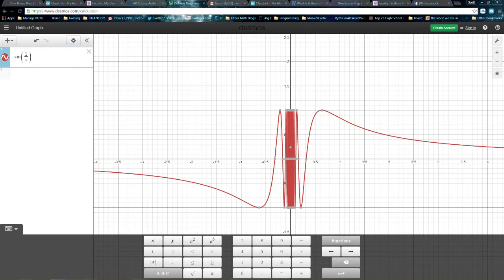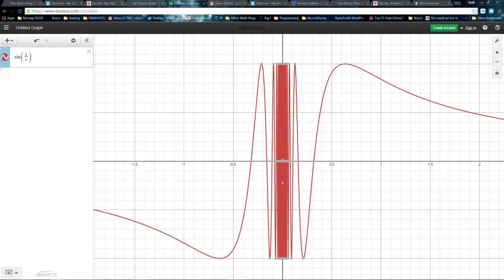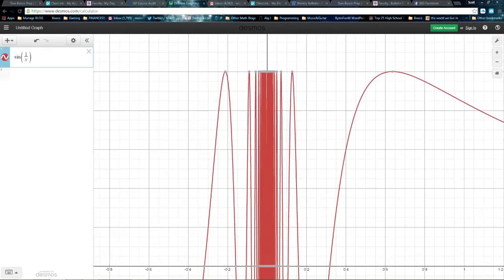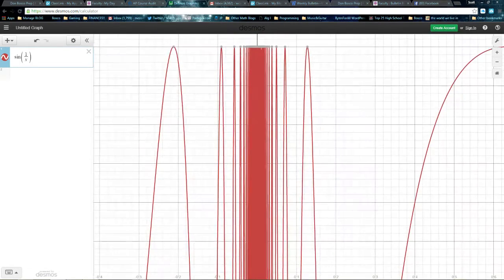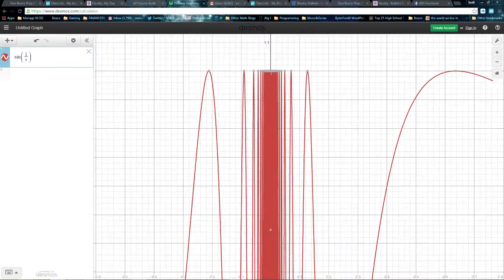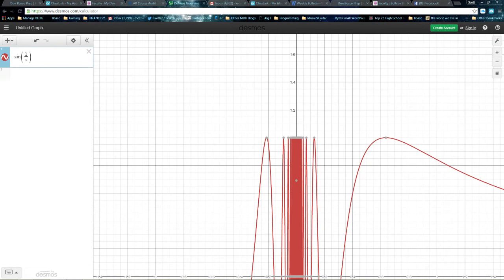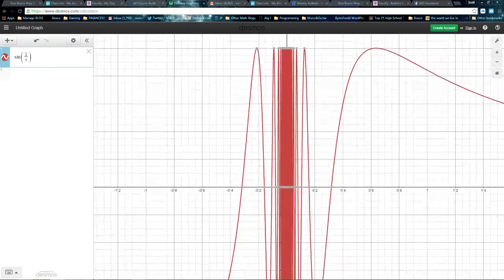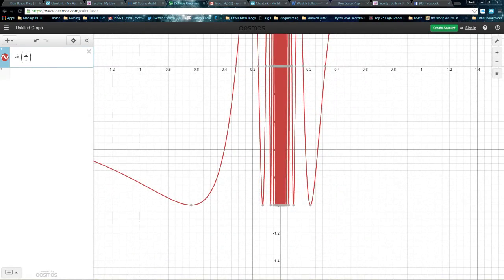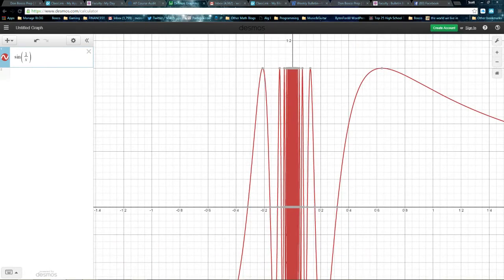Now it might look like it's approaching 1 here. But if we zoom in, we see that every time it does this, it's oscillating back and forth. So it's going to 1, then it's going back down to -1, then it's going back up to 1, then -1, back up to 1, -1.